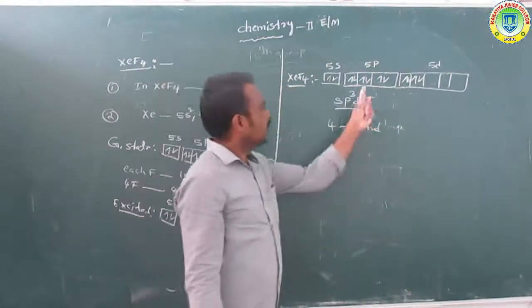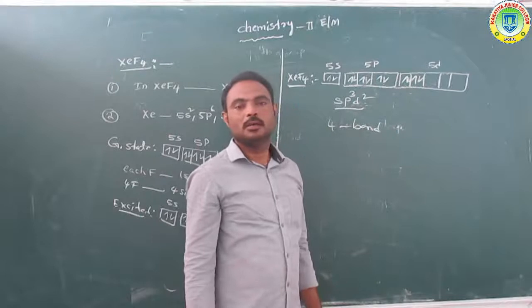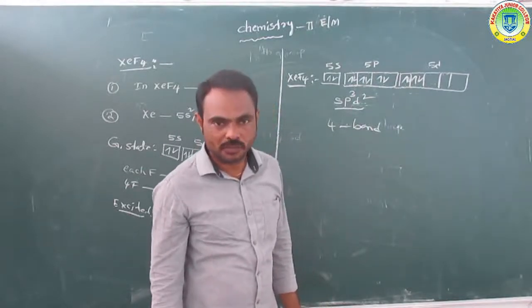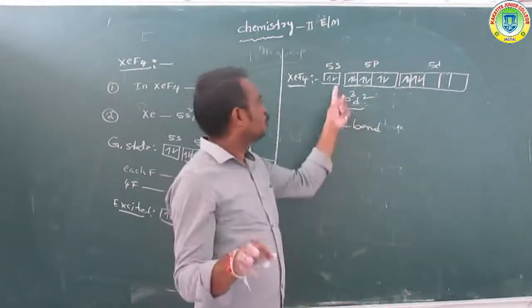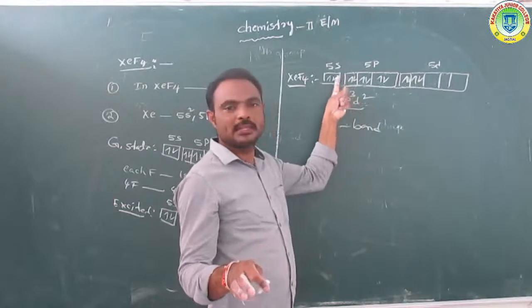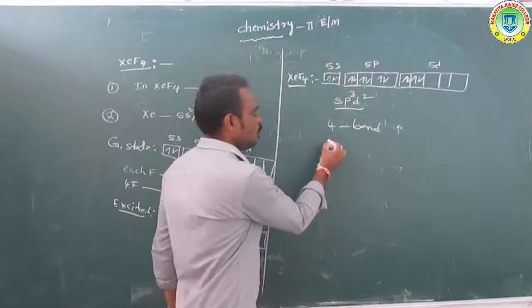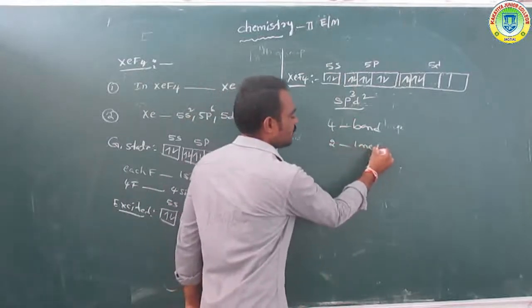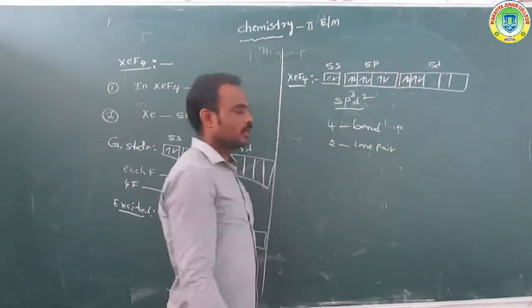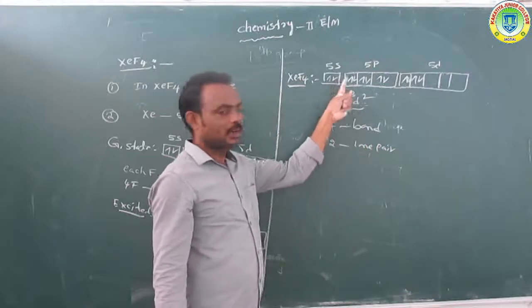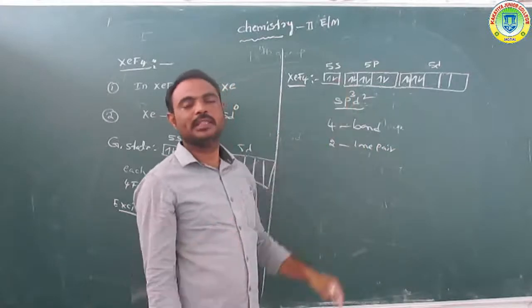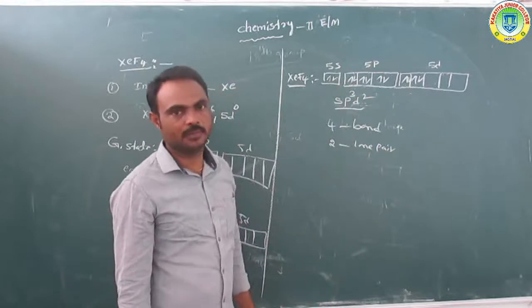These 4 pairs participate in bond formation, but 2 pairs do not participate in bond formation. So overall only 2 lone pairs.